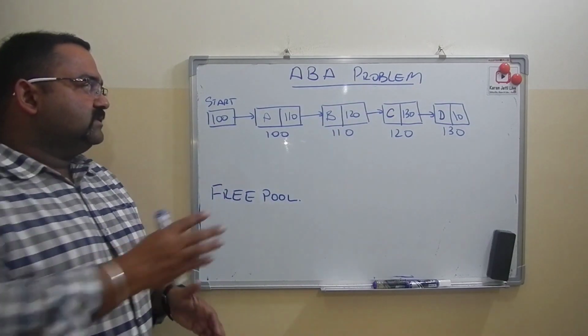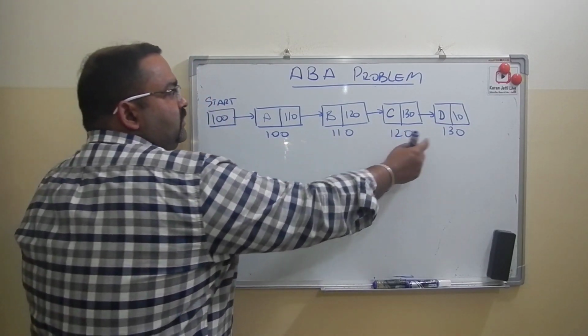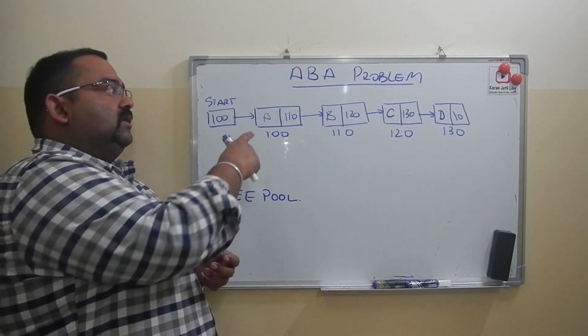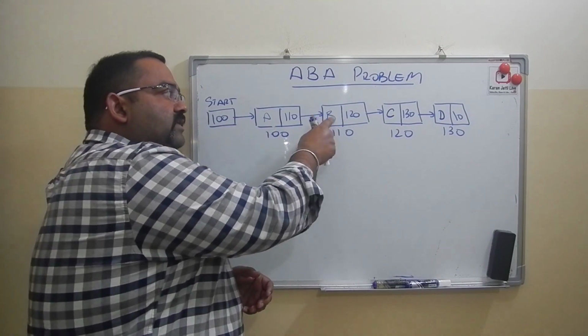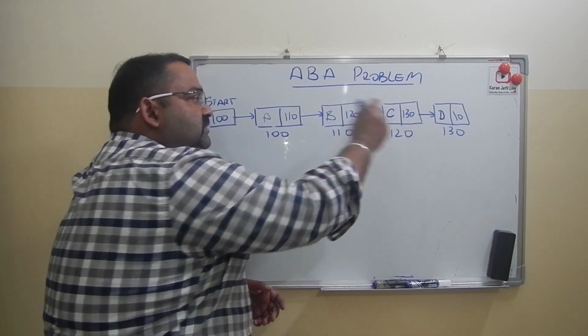Now guys, suppose this is our linked list. It has 1, 2, 3, 4 nodes. The first node is A, the second node is B, then C, then D, and these are the addresses of these nodes.